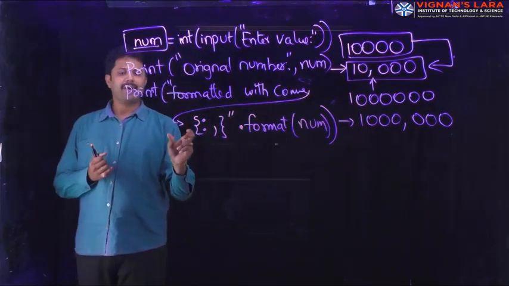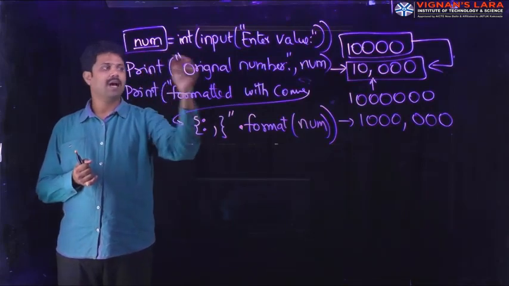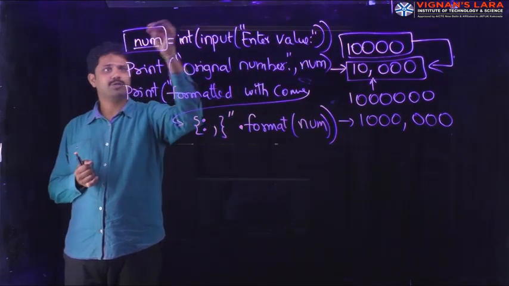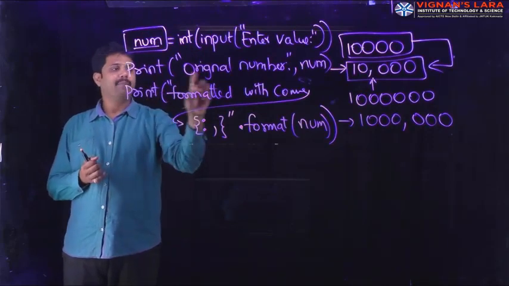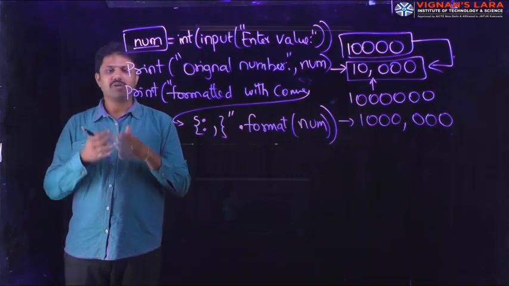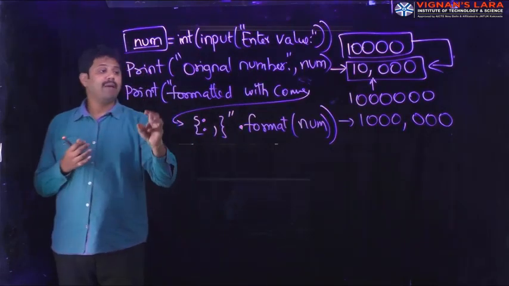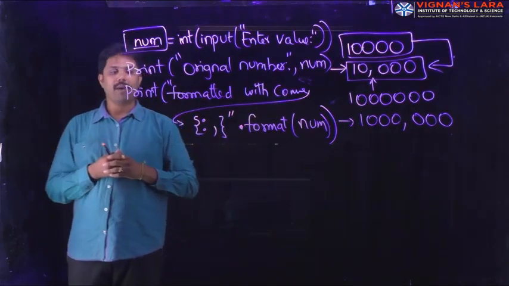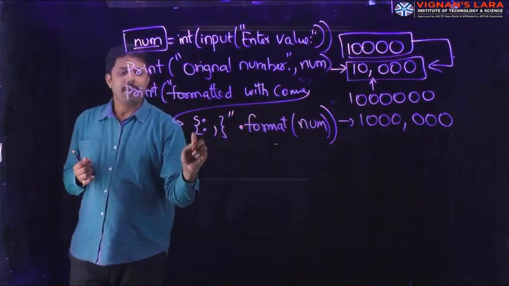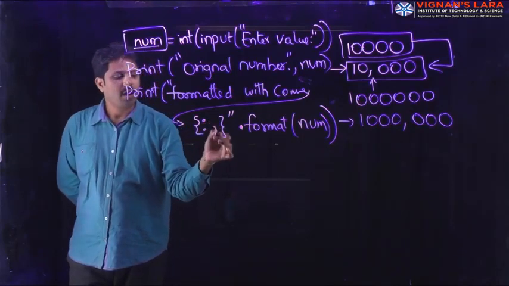Here, what happened? Let us see. I am taking a variable which is num. Your value is stored in that num, and I am printing my original number. It simply prints 10,000 or 1 lakh or 10 lakh like this normally. After that, I am using the formatted version with commas. Here, I use braces which contain a colon and a comma.